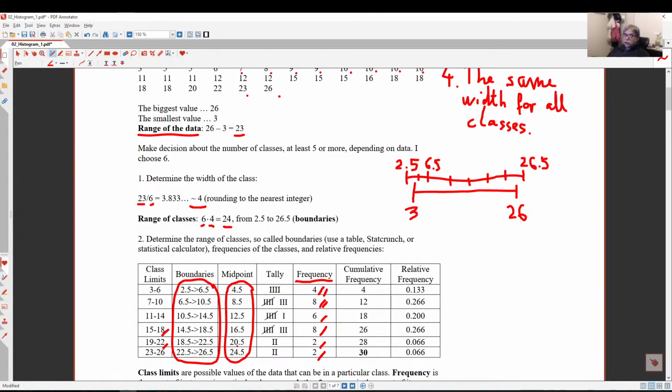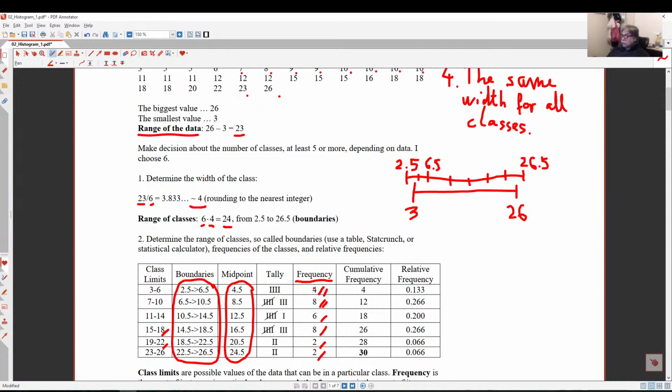This is going to be important later down the road because we are going to make the overlay curves that are connecting midpoints. The cumulative frequency is what is up to that class, including the class itself. So up to the first class we have 4 items in the sample. Up to the second class we have 4 and 8, which is 12.